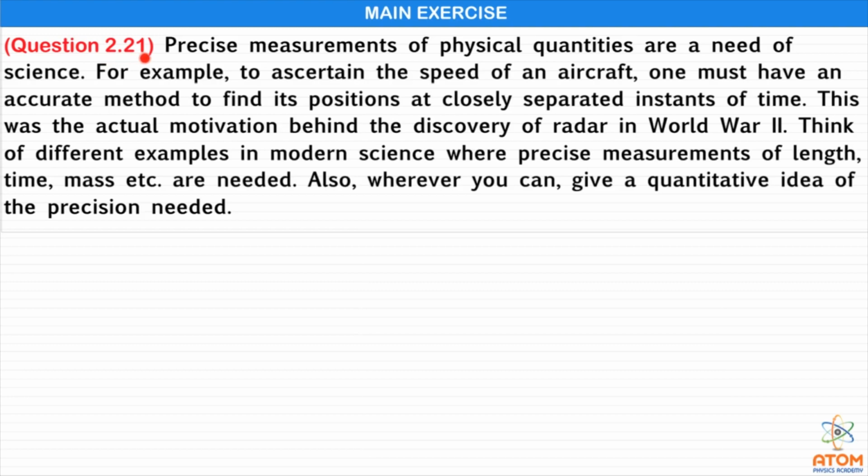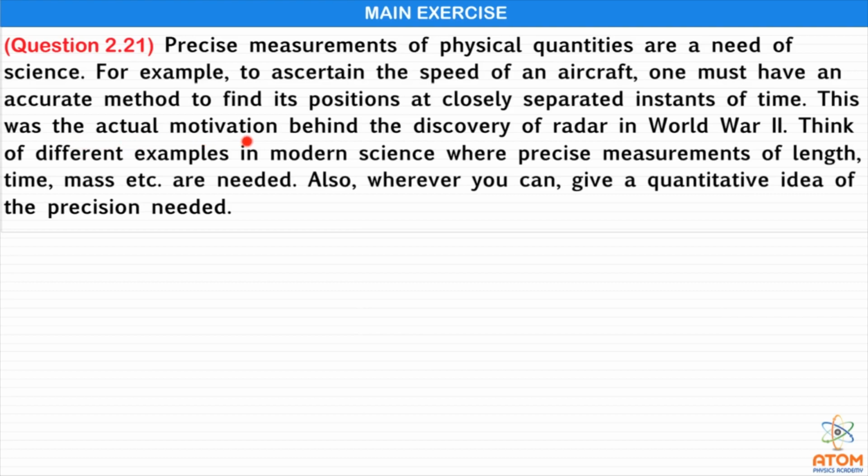Now question 2.21. Precise measurements of physical quantities are a need of science. For example, to ascertain the speed of an aircraft, one must have an accurate method to find its position at closely separated instants of time.